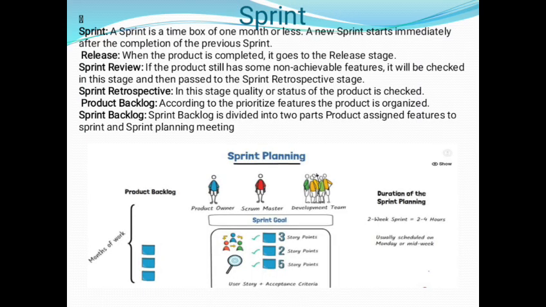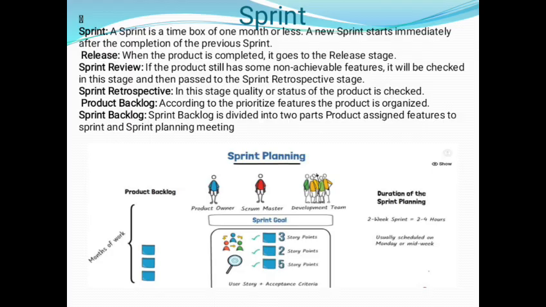Next is the sprint. The product owner splits the whole project or problem into small user stories. This is called a sprint. A sprint is a time box of one month or less. A new sprint starts immediately after the completion of the previous sprint. When the product is completed, it goes to the release stage.